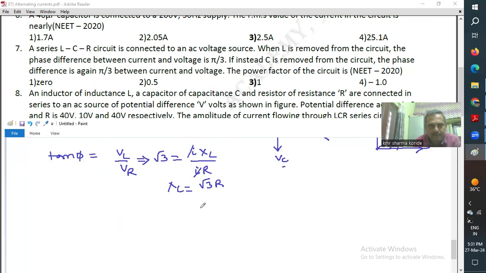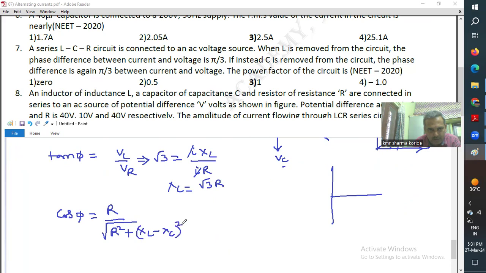So now let us write the power factor. What is the power factor? cos phi is equal to R by root over R square plus XL minus XC whole square. As per the question, we got XL equal to root 3 R, and XC is also equal to root 3 R. So R by root over R square plus root 3 R minus root 3 R, this is a whole square.